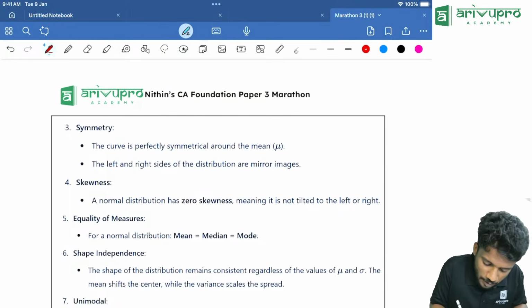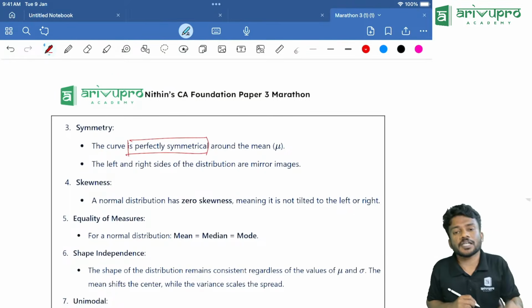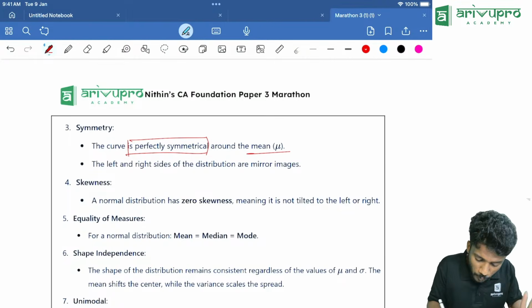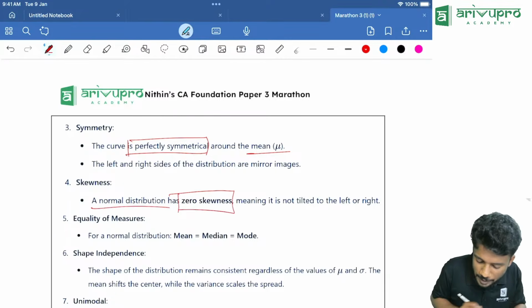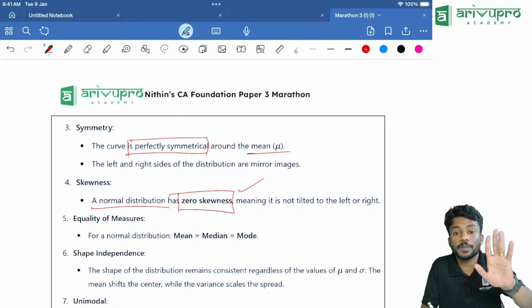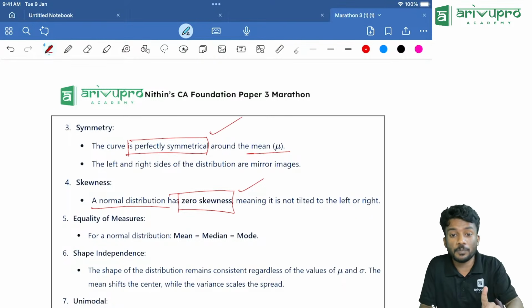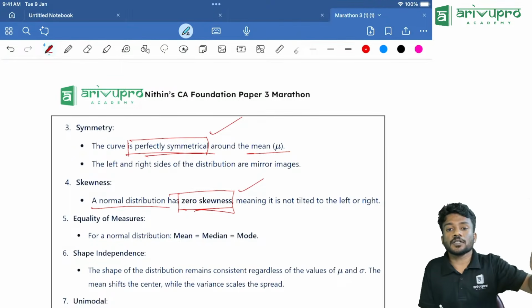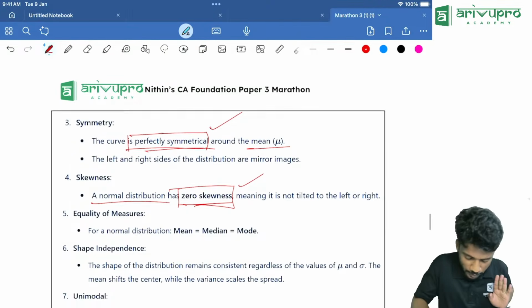Normal distribution is always perfectly symmetric about its mean, so we will say there is no skewness. Normal distribution has 0 skewness. 1 mark question. People, keep a note of these 2 points. It's very important. What are the 2 points? Perfectly symmetrical, then 0 skewness. These are the 2 important points over here.